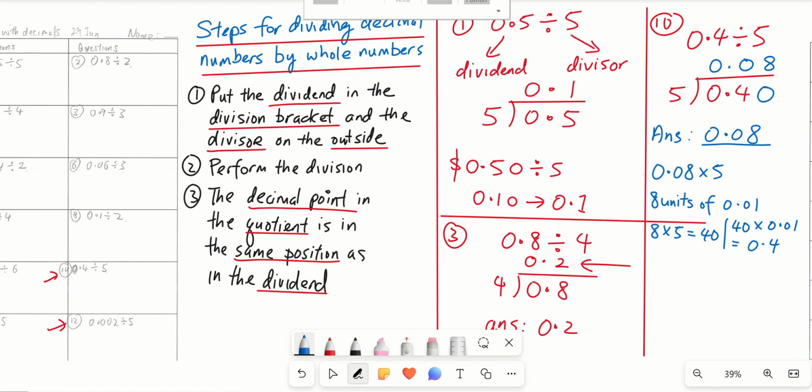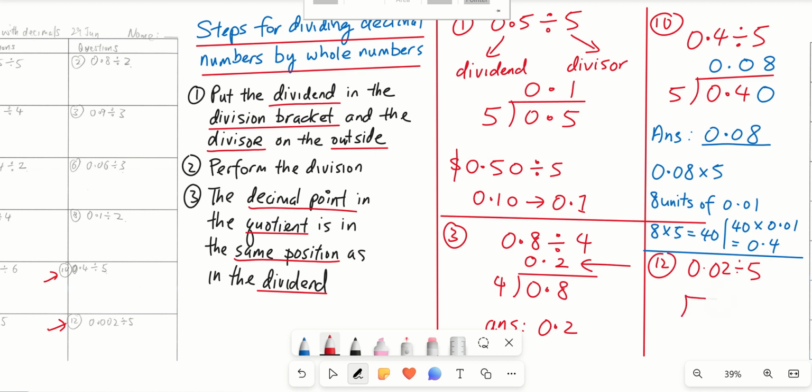And let's do the last question here, which is question 12. 0.002 divided by 5.